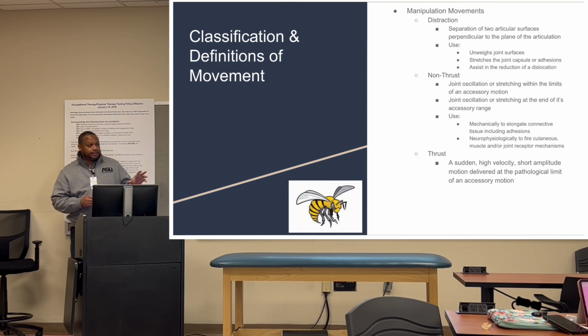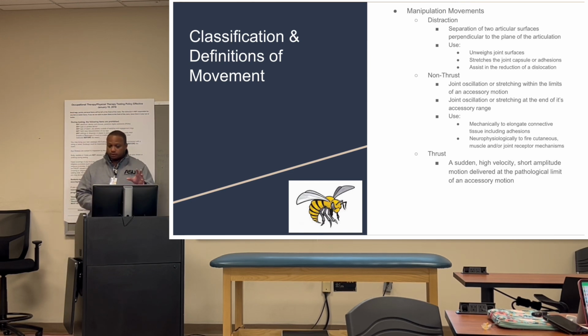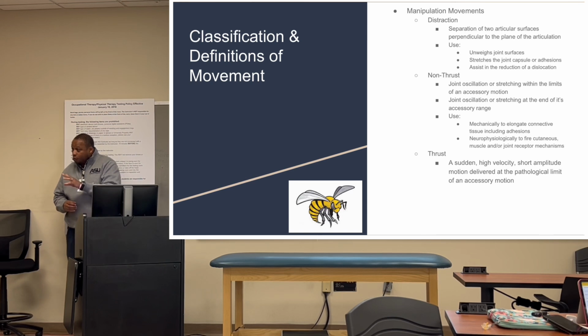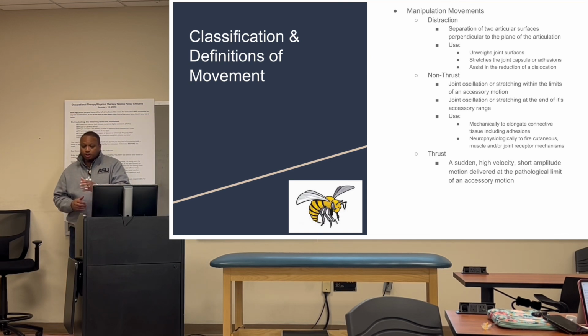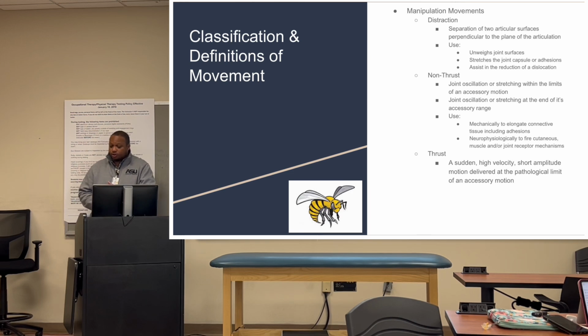On the maintenance scale of mobilization or oscillation, which grades are considered non-thrust? I want y'all to make the connection now. Grades what? 1 through 4. 1 through 4 are your non-thrust mobilization. All right? So non-thrust is a joint oscillation or stretching within the limits of accessory motion.